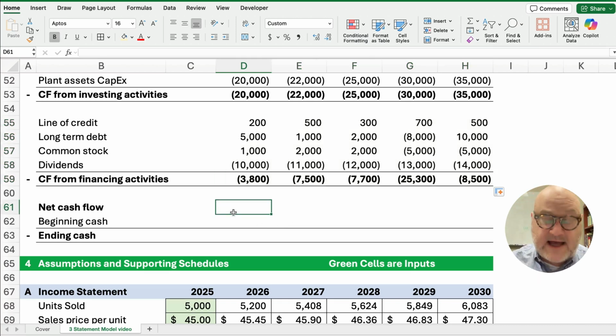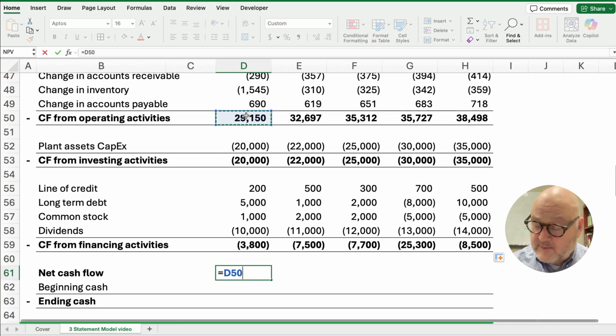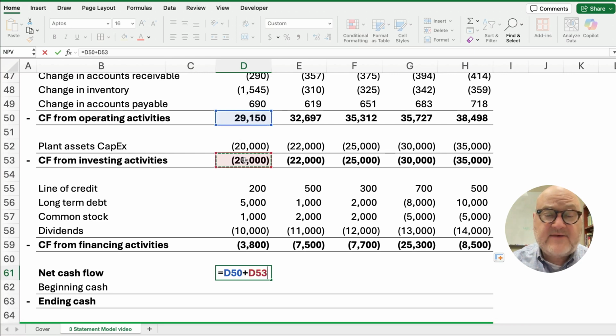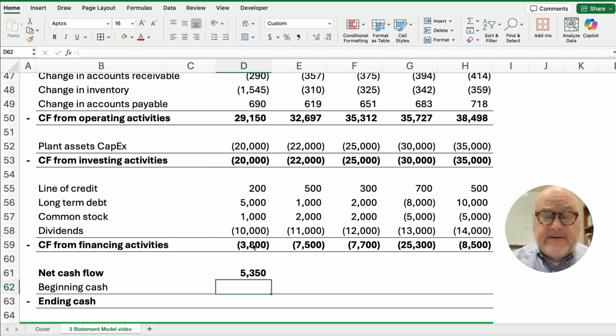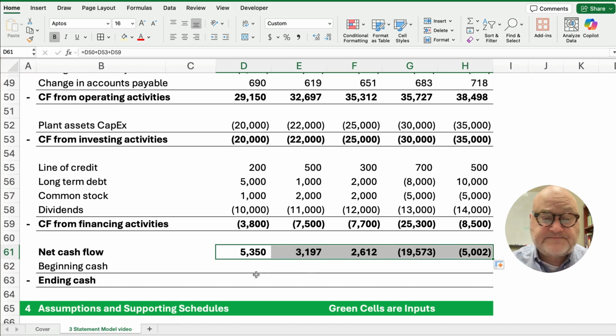So what is our net cash flow? Our net cash flow is operating activities plus investing activities plus financing activities. That's going to be 5,350. Okay, that's just the increase in cash.